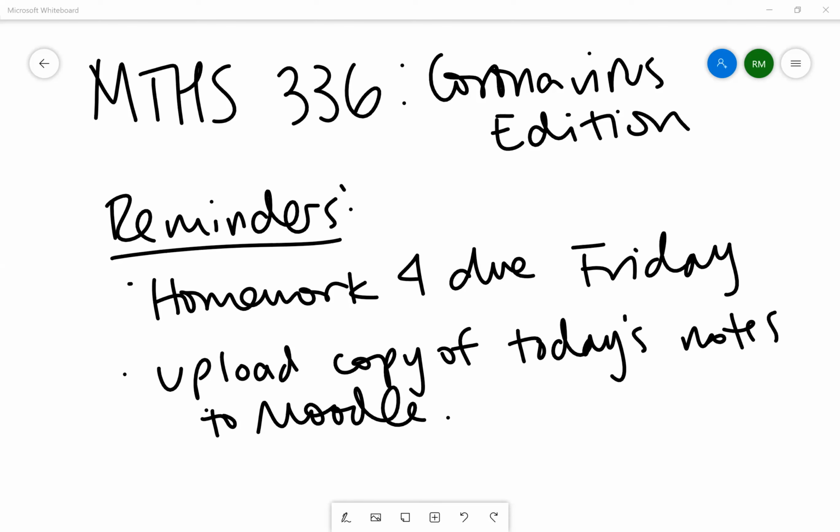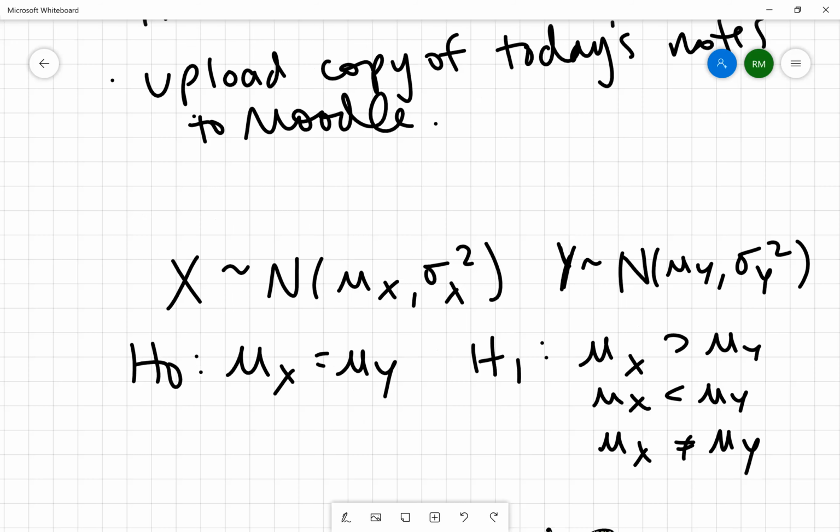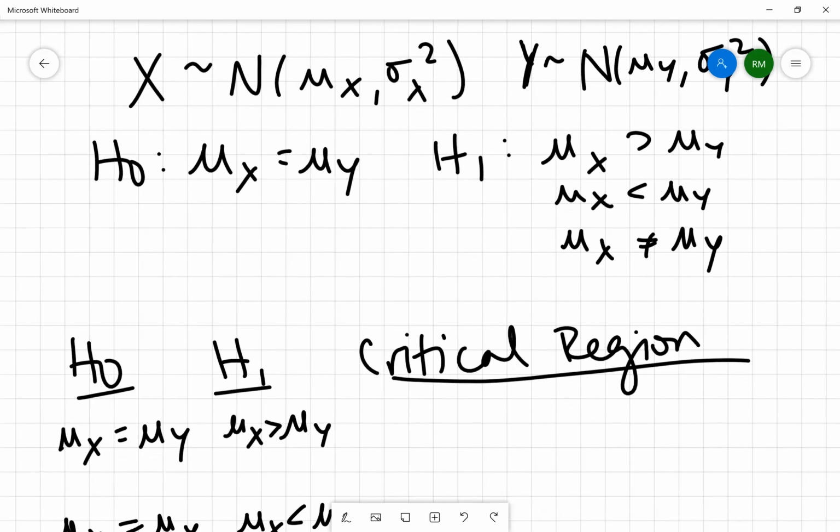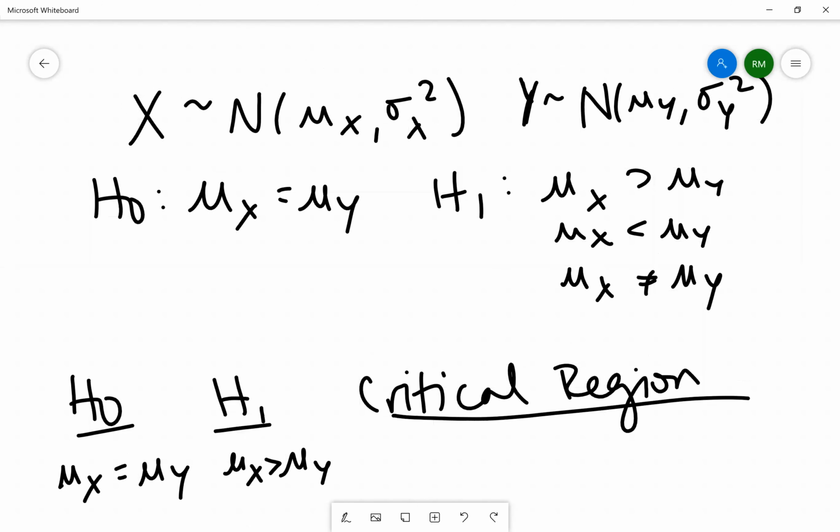All right, so let's get started. Today we're talking about hypothesis tests for equality of two means. What that means for us is we're going to have two populations, X and Y. X is going to be a normal distribution with mean mu X and variance sigma X squared.